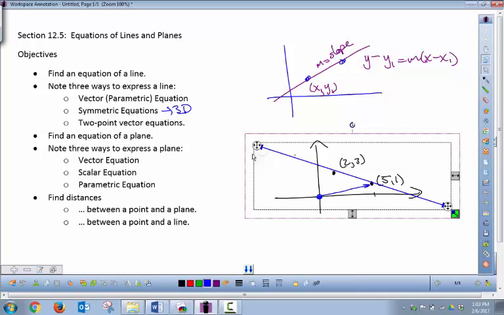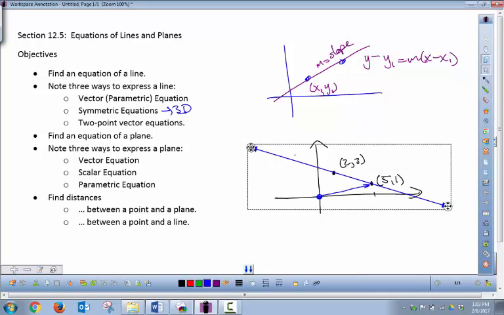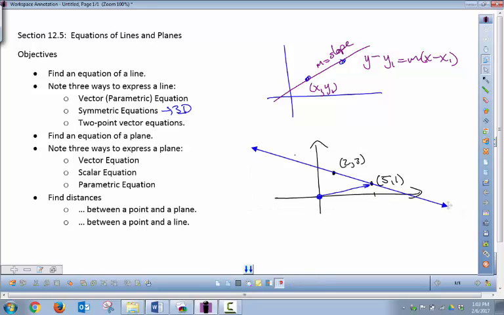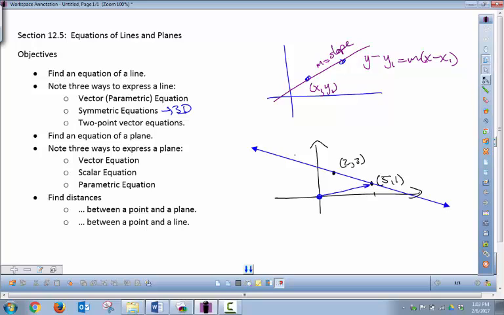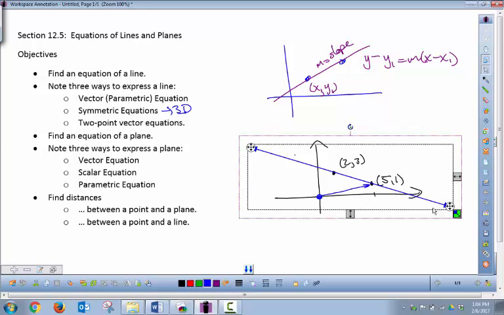I can adjust it. Or maybe I wanted a purple color.